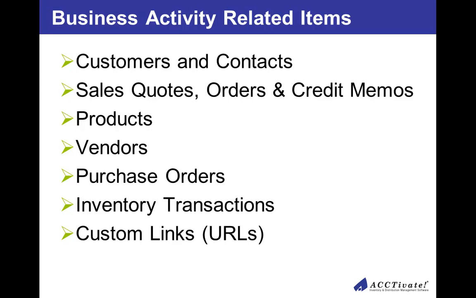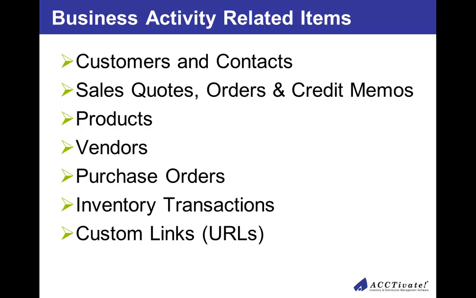Probably the most flexible part of business activities is that they can be linked to other transactions and entities within Activate. Some of the most popular activities I've seen are linked to customers. That's probably the most common, where you have a task or a project that's linked to a customer account. In addition to the customer, you could also link it to a specific sales order.